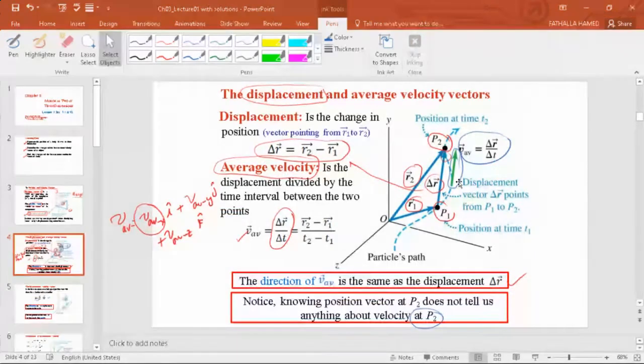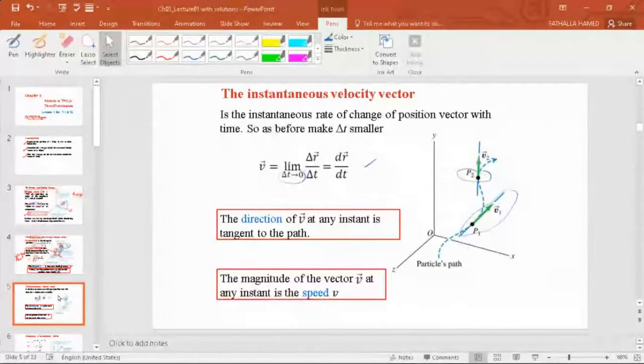So in the previous slide, we talked about average velocity. And average velocity just tells me the average between these two positions, but it didn't tell me what the velocity is at position 1 and position 2. If I want to know the velocity at position 2 or position 1, I have to look at the velocity at that instant, at that time, at that position, which we call instantaneous velocity, and here we call it velocity vector because it is in 2 or 3 dimensions.